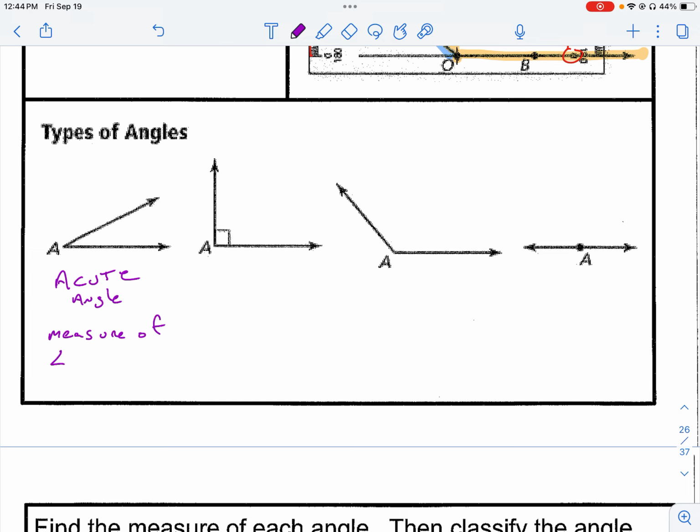The second one's a right angle, we know because we have the little box here, and it has a measure of exactly 90 degrees.